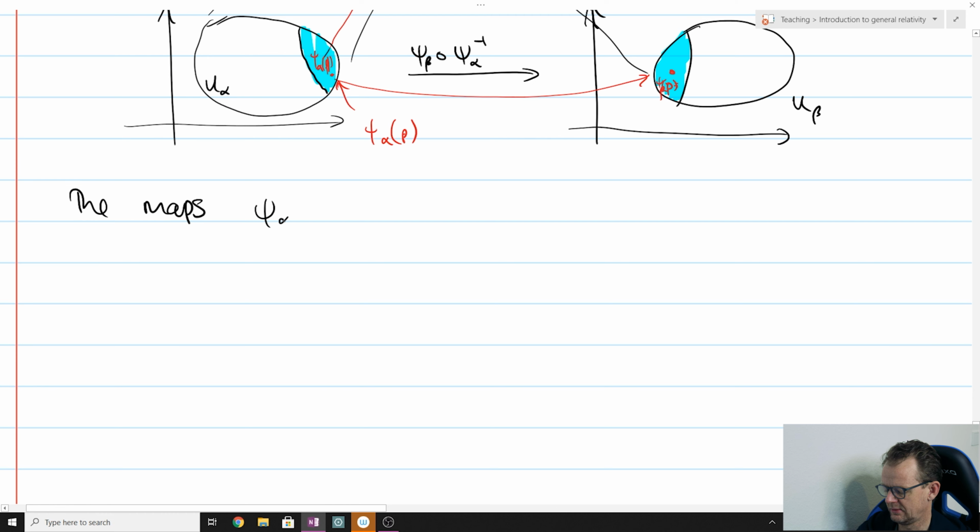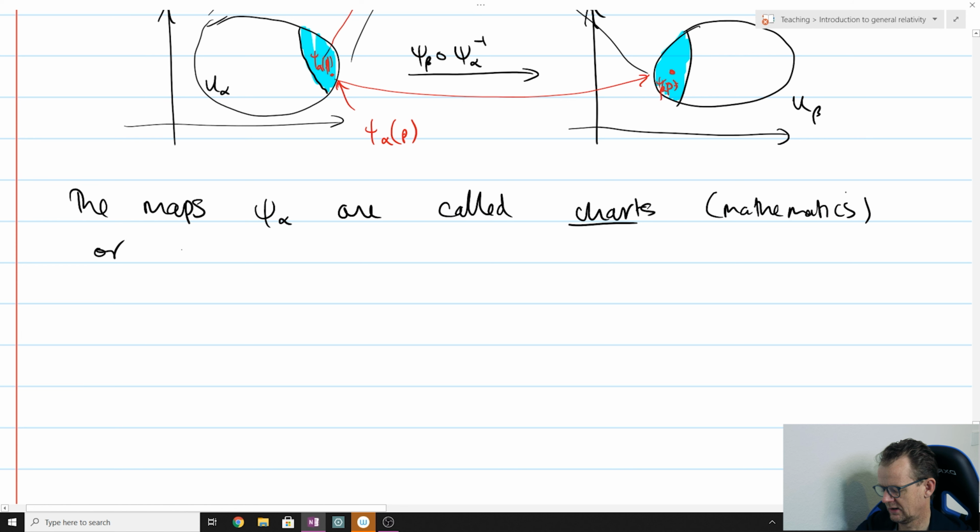You've got to call them something, and we give them the following names. What do we call them? Well, if you're a mathematician, you're most likely to call these maps psi alpha charts. I tend to enjoy calling them charts as well, or coordinate systems.